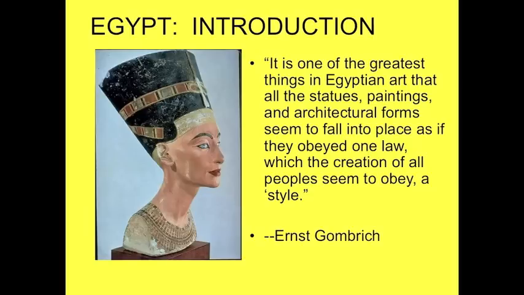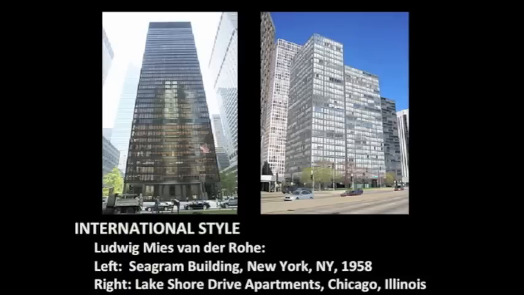I don't know if any of you have ever heard the term international style. Does that ring a bell? International style is more or less glass box architecture. You take a rectilinear prism, you clad it in glass. This is the style. This is the international style. A style that transcends place, a style that transcends time, a style expressive of the culture. And of course, by now it's a period piece.